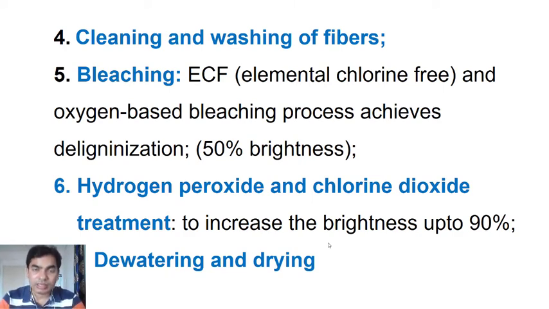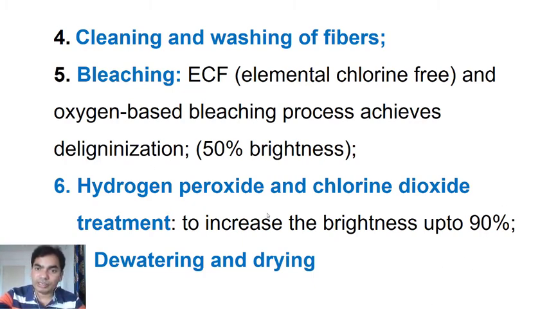Then to make the cellulose whiter, we treat it with different chemicals to improve brightness. If the cellulose is very bright, then its price is also very high. So elemental chlorine free water and oxygen based bleaching has to be done, and this process is called delignification, and then we treat with hydrogen peroxide, right?